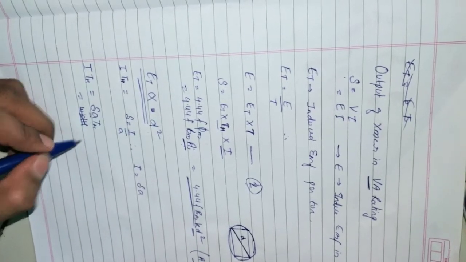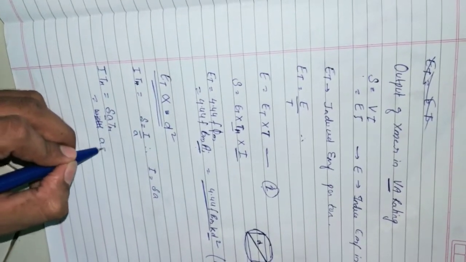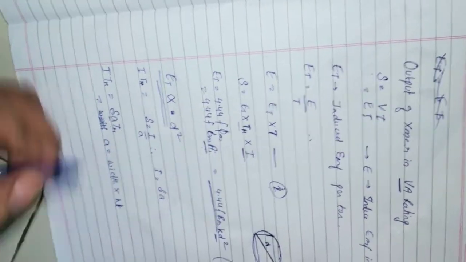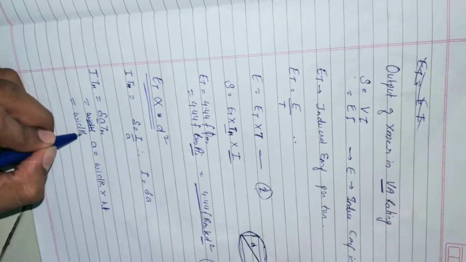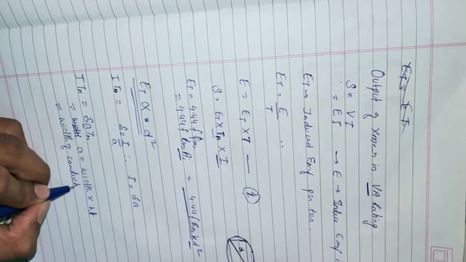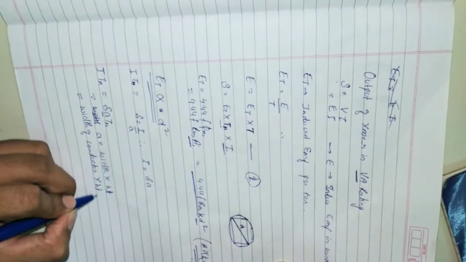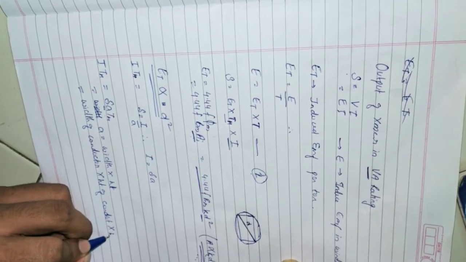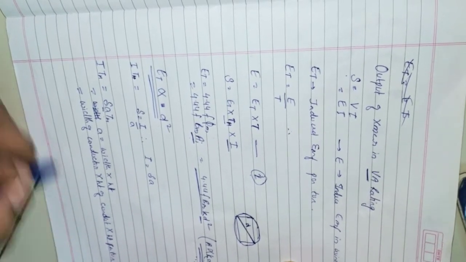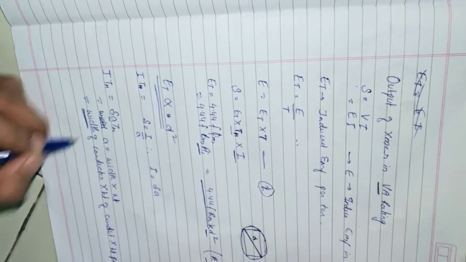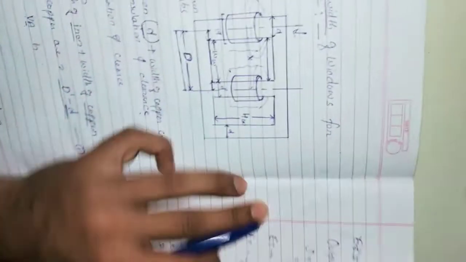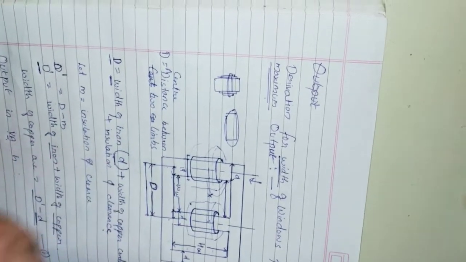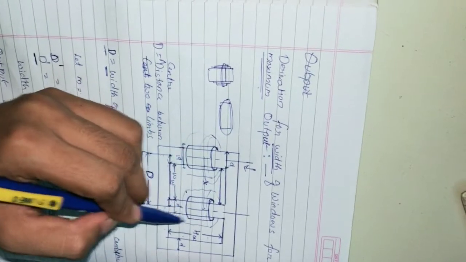So we can write area is equal to width into height, width of conductor into height of conductor into height per turn. So here we are finding width, and already we have discussed that the height portion will be unity. So turns will also be considered as unity because it is considered across the height.